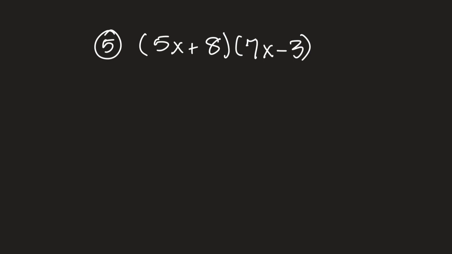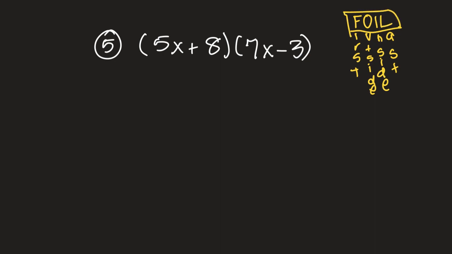Now, the next problem, you are multiplying. So we're going to multiply these two binomials. If you recall, we learned a little method called FOIL, which stands for first, outside, inside, and last, to help you remember.